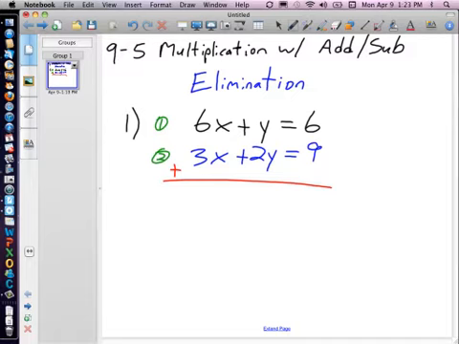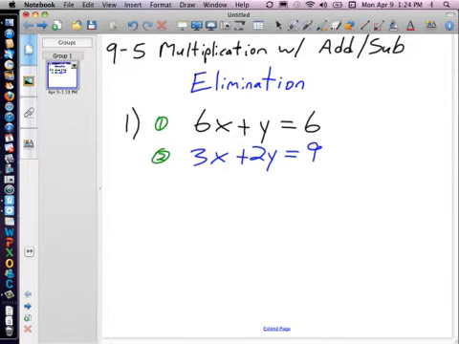The 1y and 2y are going to become 3y, so that didn't eliminate. So if we try subtraction instead, 6x minus 3x would be 3x. Does not eliminate. 1y minus 2y is negative y, so it doesn't eliminate. So none of the straightforward addition or subtraction methods are going to work here.